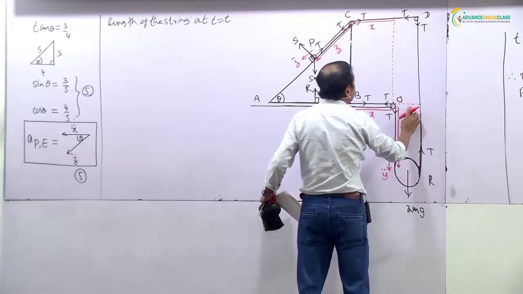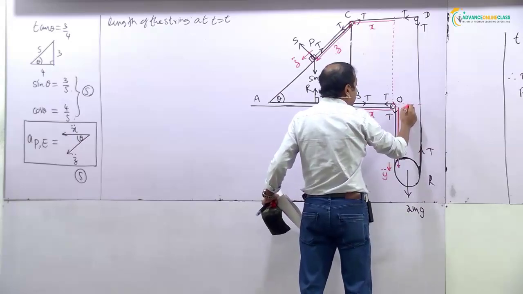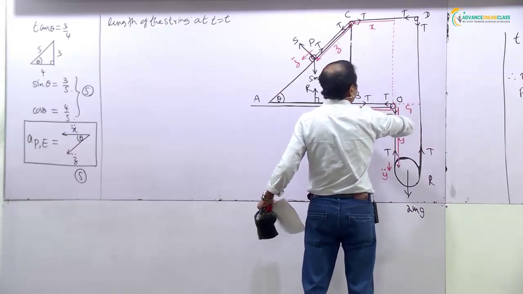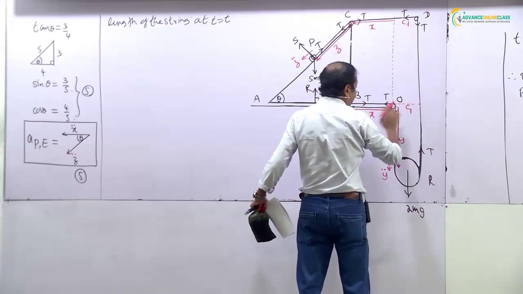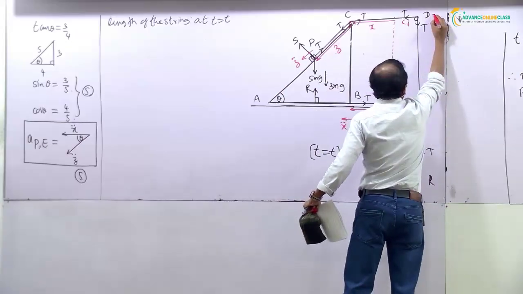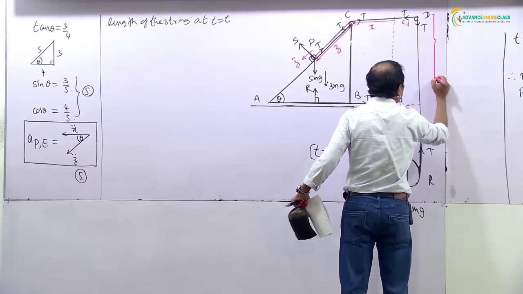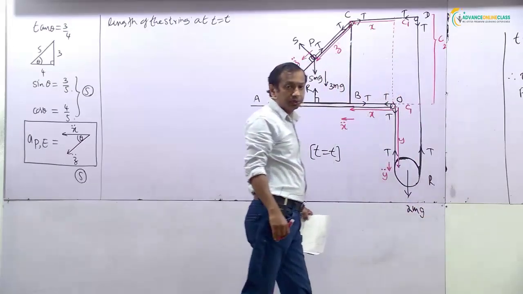This is constant. That means this is a constant, suppose C1, right? Therefore, this portion of the string is constant. That is equal to this. And also, this portion is also a constant C2.